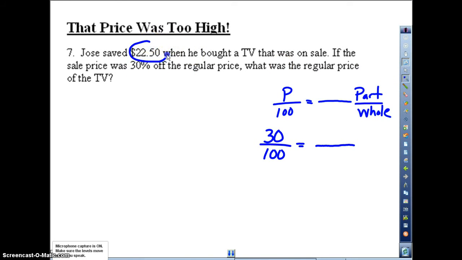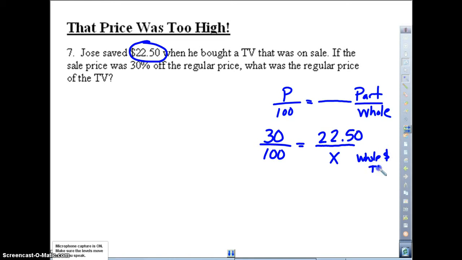That's not the whole cost of the TV. That's the part that was 30% off. So we're going to put $22.50 right here, and we're going to put X down here. That's what we're trying to figure out: what was the regular price of the TV? Once you guys solve for X, you have your answer, because this whole right here is the whole price of the TV.